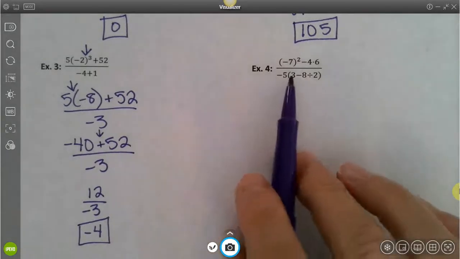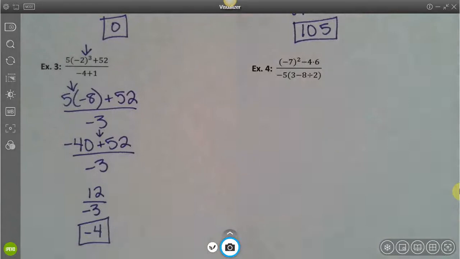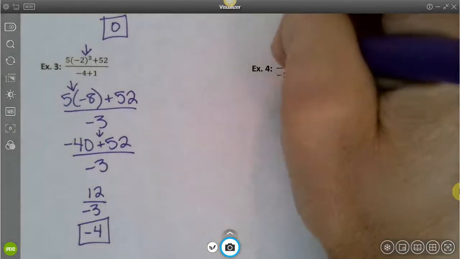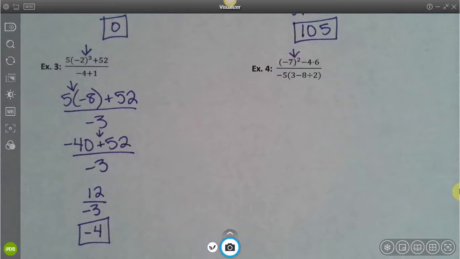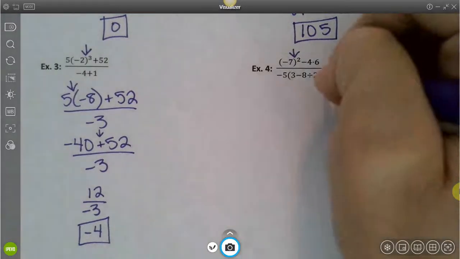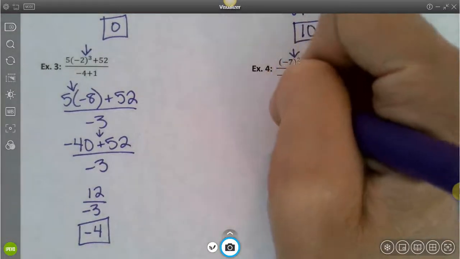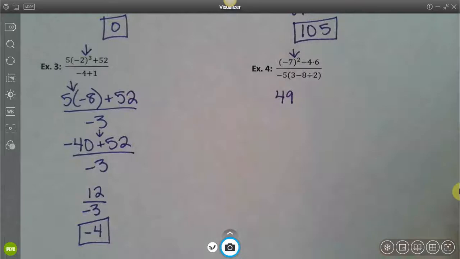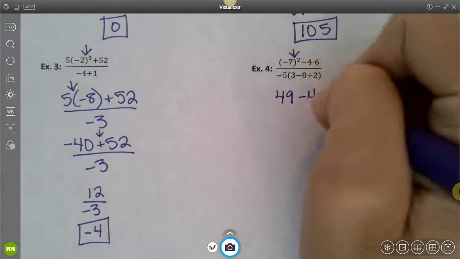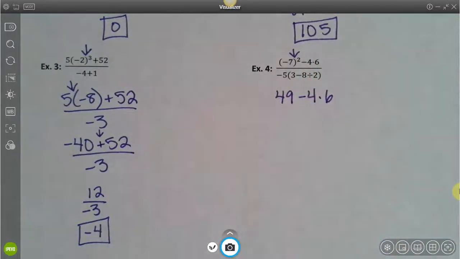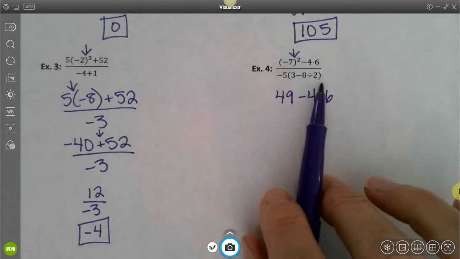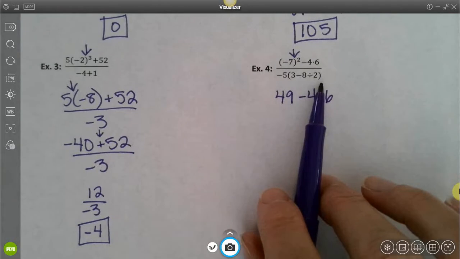So similarly with example 4, I'm going to work on the top and work on the bottom separately. On the top, I first need to take care of my exponent, negative 7 squared. Since the negative 7 is in parentheses, that gives me a positive 49 minus 4 times 6. And on the bottom, I need to take care of the set of parentheses first.